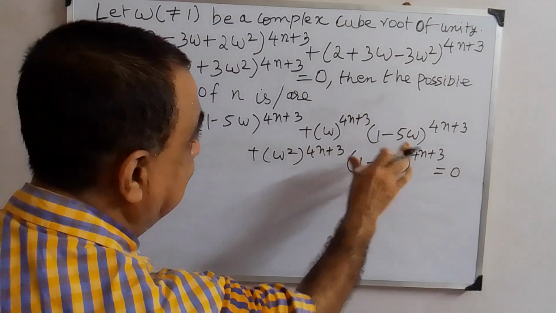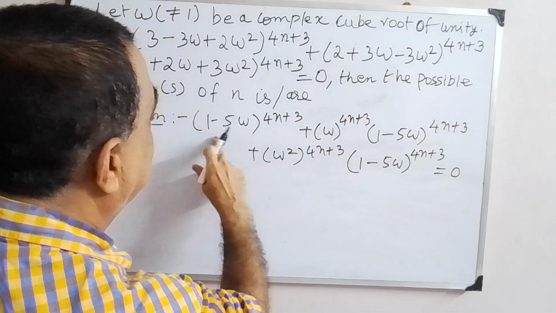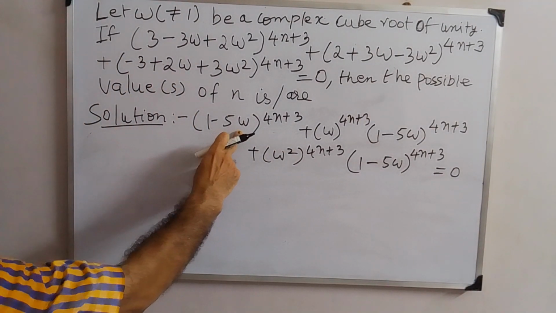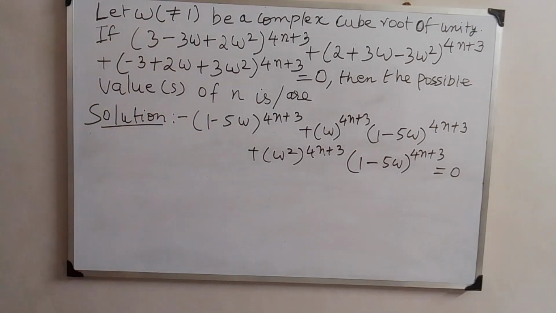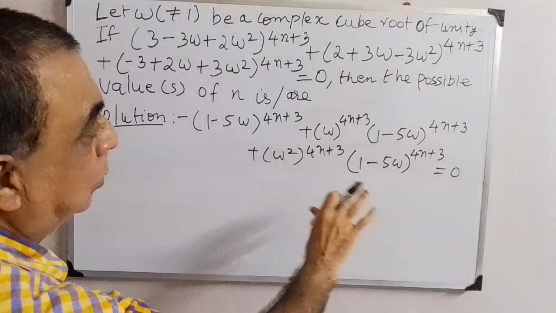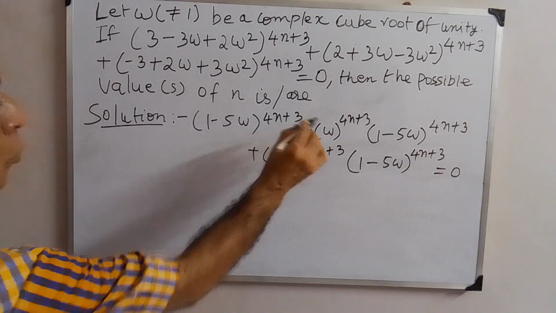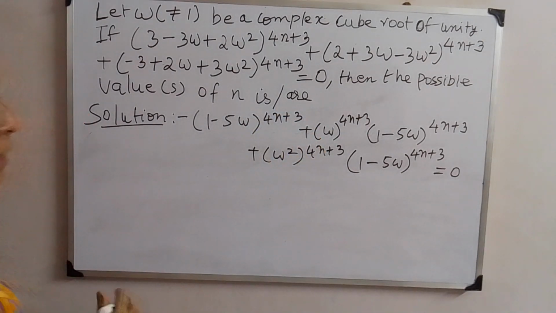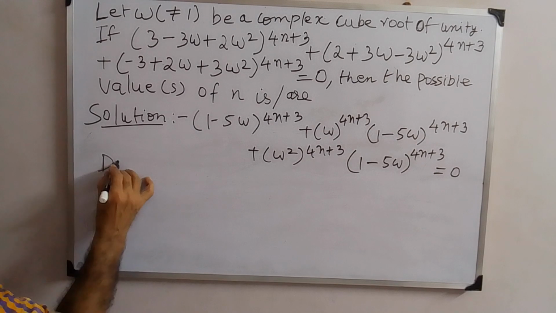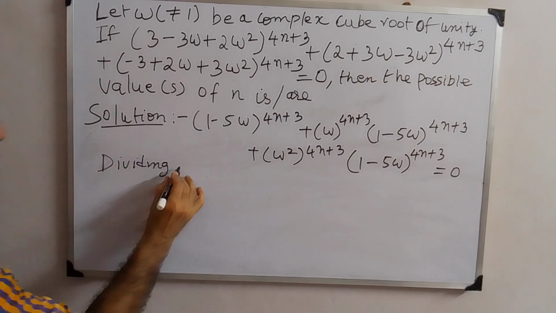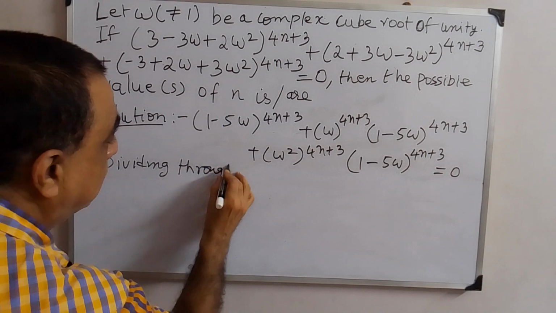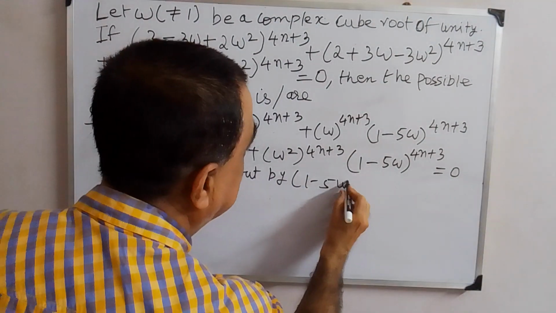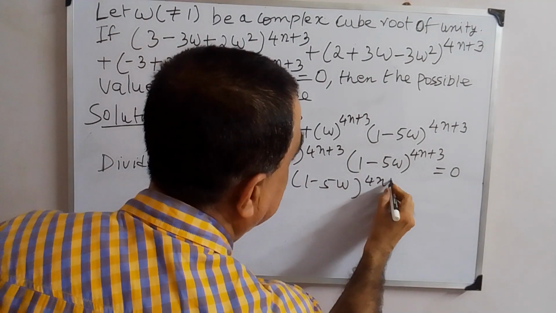So we are dividing throughout by 1 minus 5 omega whole to the power 4n plus 3, because this cannot be equal to 0, as the value of omega was told to us.